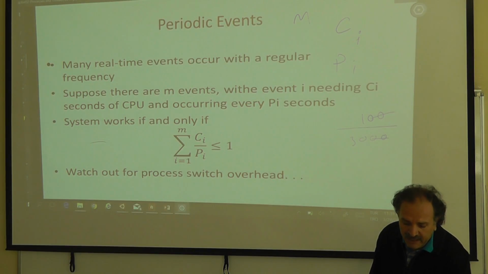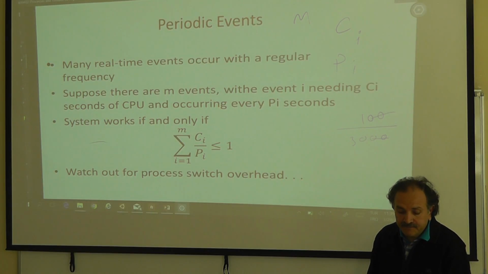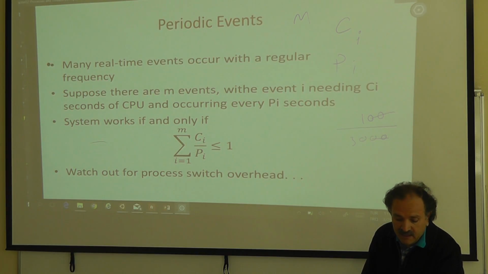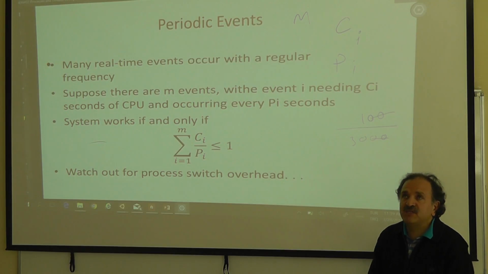So this is the formula. My processes are schedulable on my system if there are M processes, each process takes Ci amount of CPU time, and each process runs every Pi seconds.